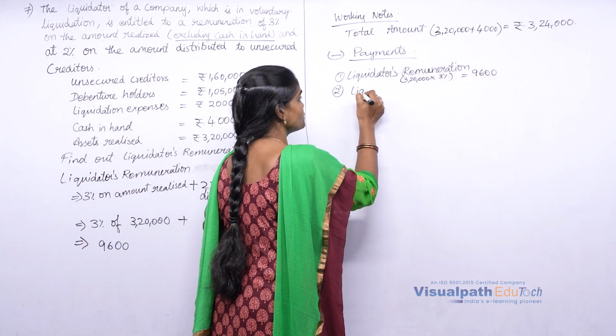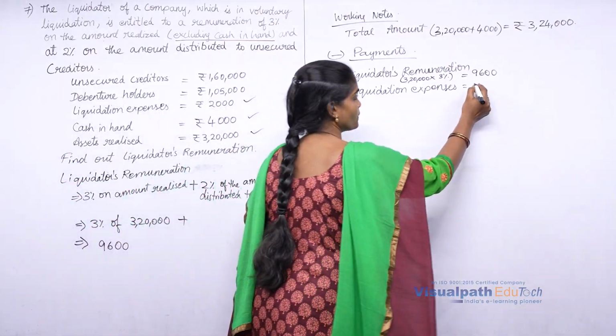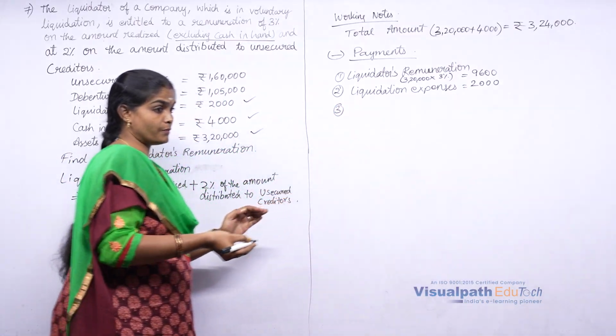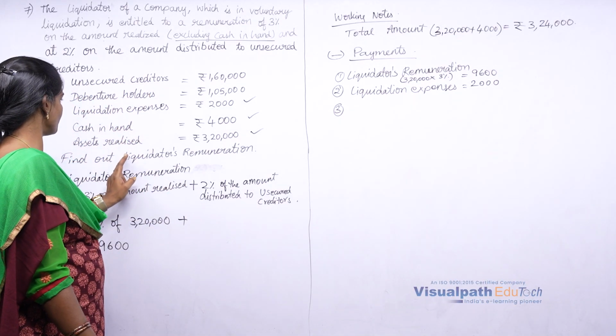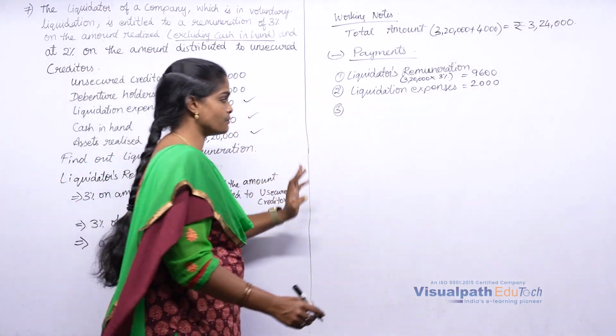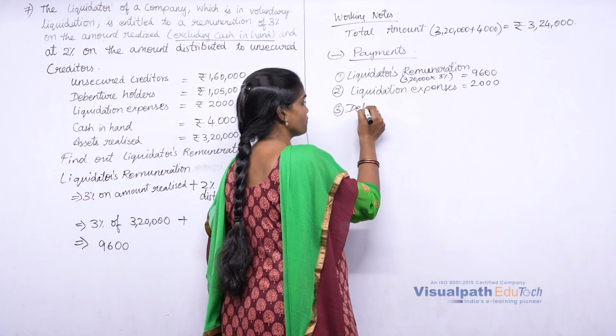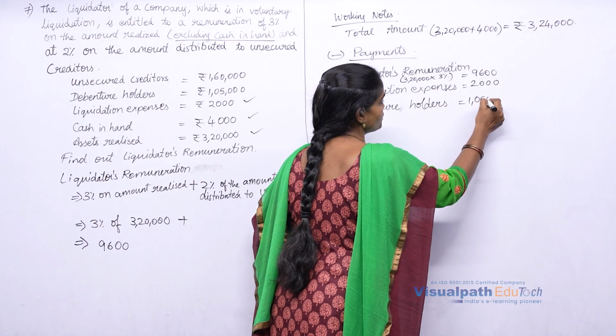Next, liquidation expenses, which is rupees 2,000. Then next we pay preferential creditors if given. Here preferential creditors are not given in this question, but debenture holders are given, which is rupees 1,05,000.